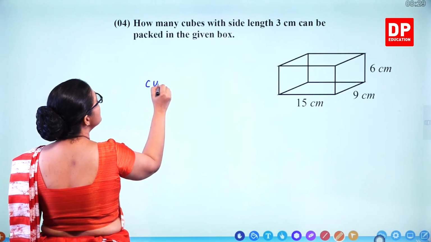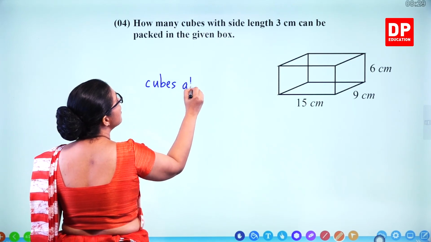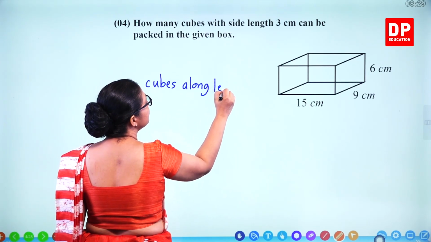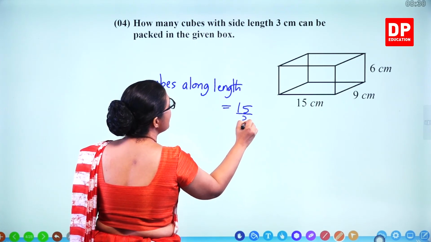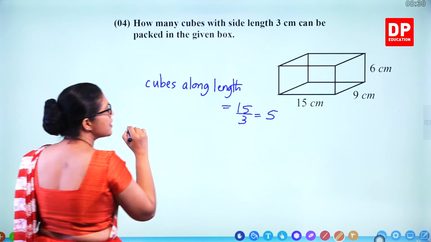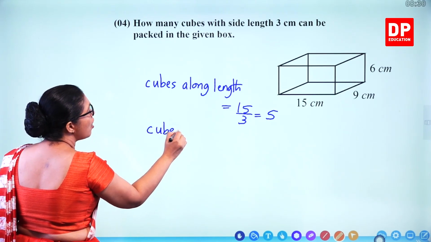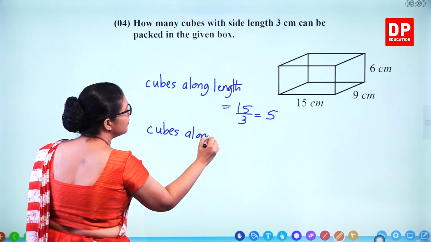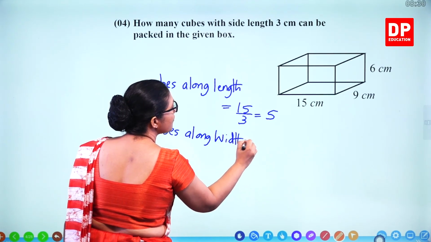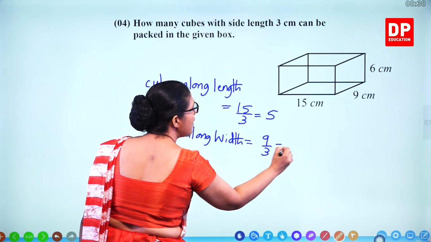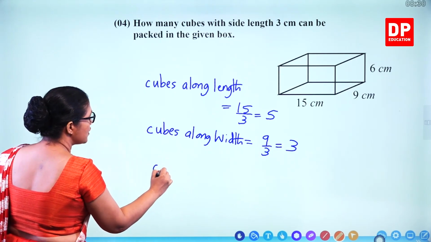So cubes along length. 15 divided by 3. That's 5 cubes you can fit. Cubes along width. 9 divided by 3. That's 3 cubes you can fit.